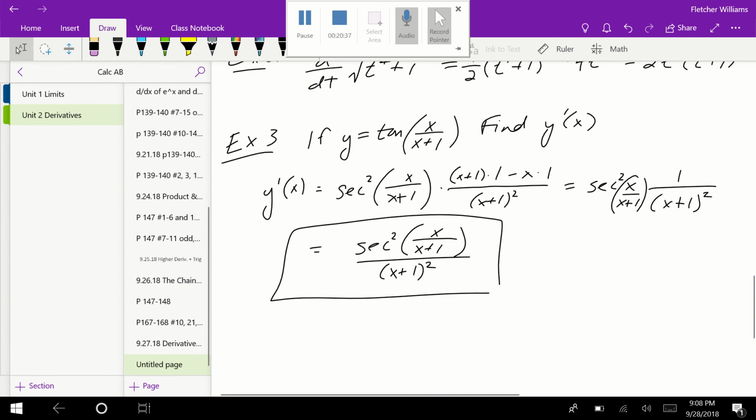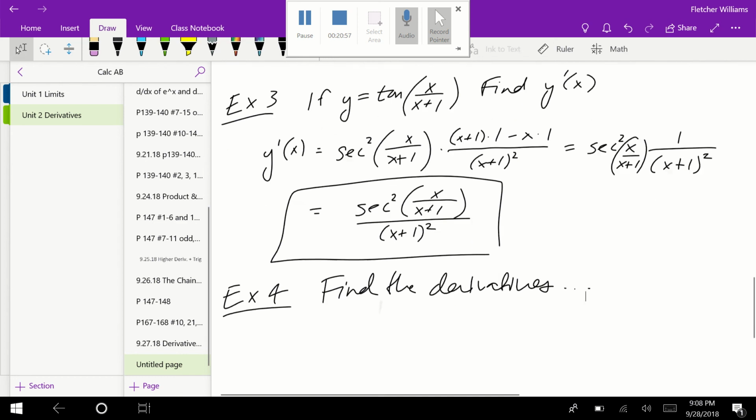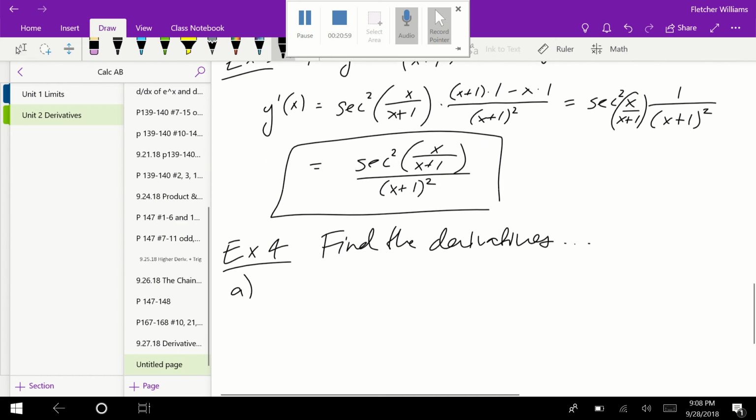Alright. So, 3 more practice examples. Find the derivatives. First function, y of x equals all of this, to the negative 1/3.